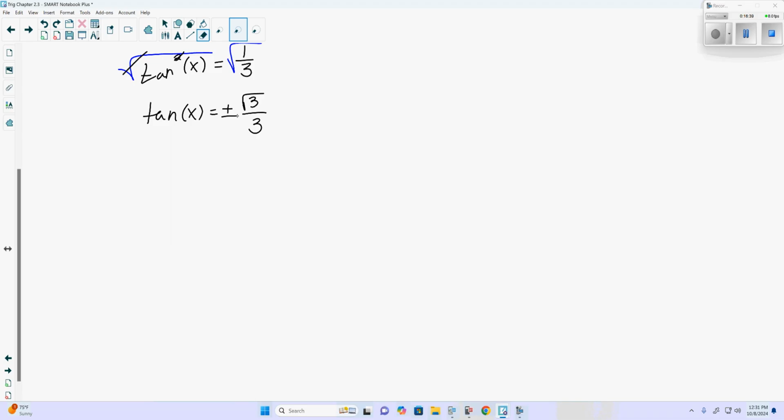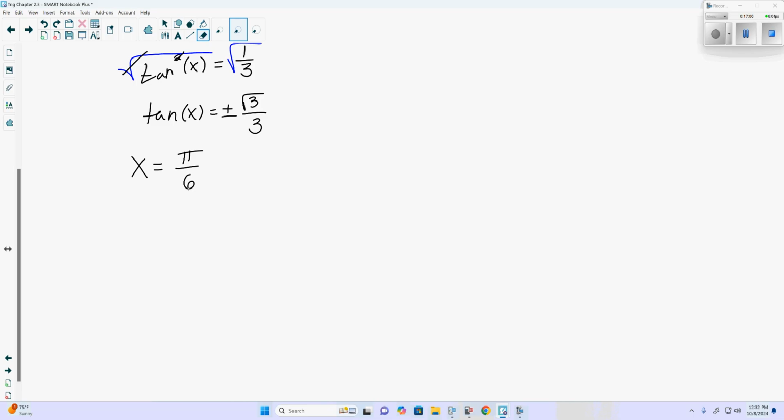Also, if you look on the back of your sheet, mine looks different than yours. We do have that little table, yes? So from 0 to 90, 0 to pi over 2, tangent is square root 3 over 3 at what value of x? Or what angle? 30 degrees.